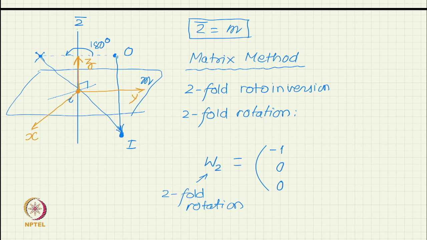Now, you really did not need that cos theta sin theta formula, although that works, as you can see, because what was the first column supposed to be? The transformation of the first basis vector. What was the first basis vector? That was a unit vector here, E1, which was 1 0 0.